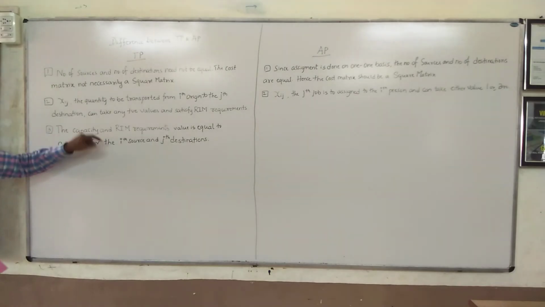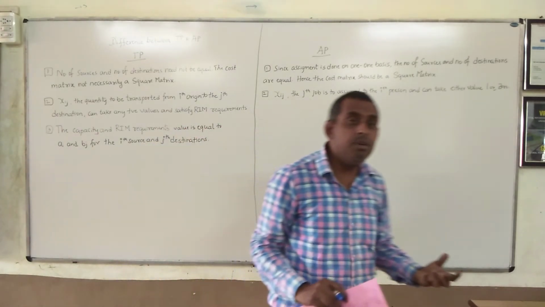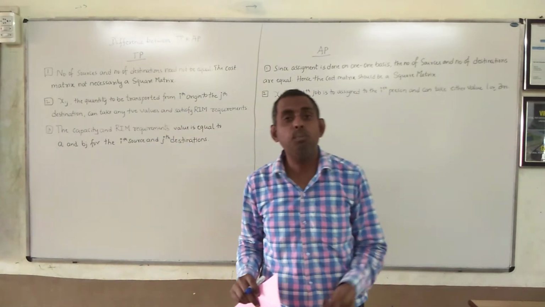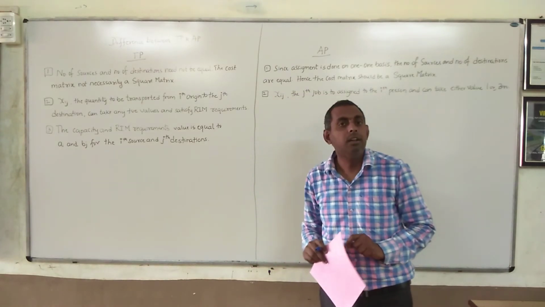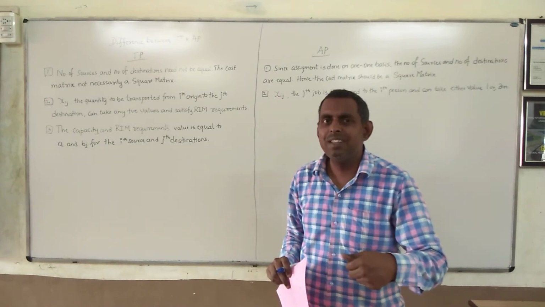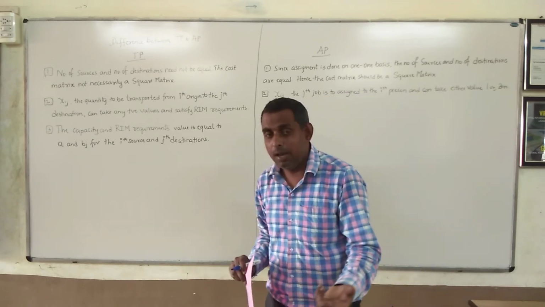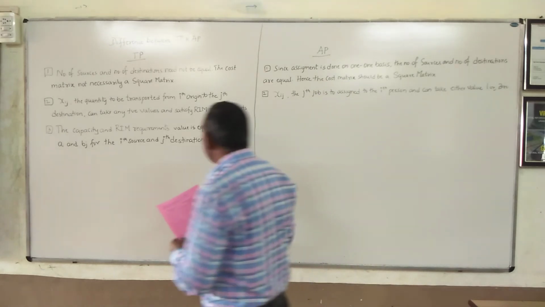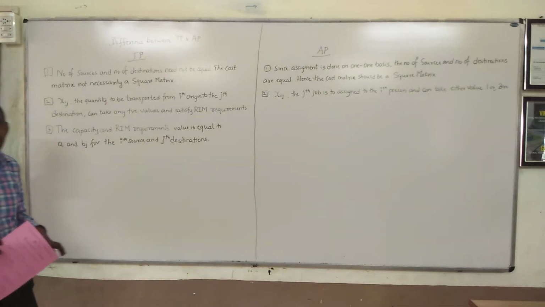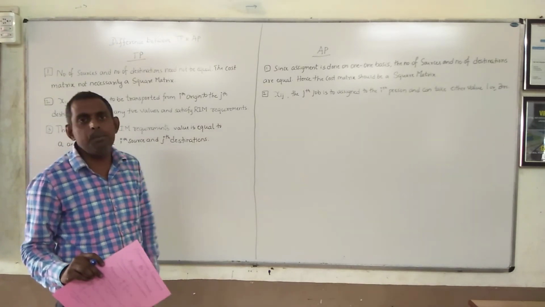The capacity and the rim requirements value is equal to the Ai and Bj for the ith source, means what? A summation of Ai is equal to summation Bj should be equal. Means what? The transportation problem has to be balanced if you want to solve it. I mean to say summation of Ai is equal to summation of Bj. Means the rim requirement will be satisfied and the transportation problem is balanced. Hence there exists initial basic feasible solution.